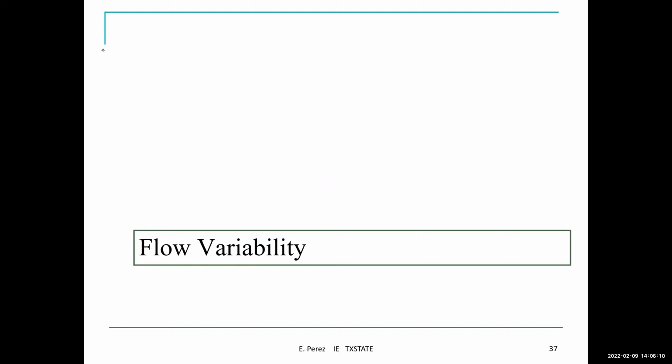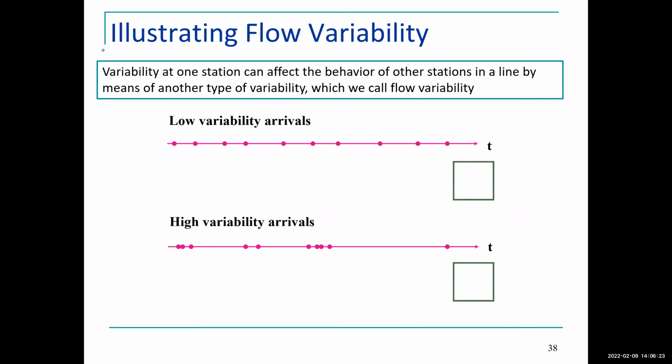We're gonna discuss variability from the flow point of view, flow in terms of the entities going through the facility and going through the manufacturing line. So to illustrate the flow variability, variability at one station can affect the behavior of other stations in a line by means of another type of variability, which we call flow variability.